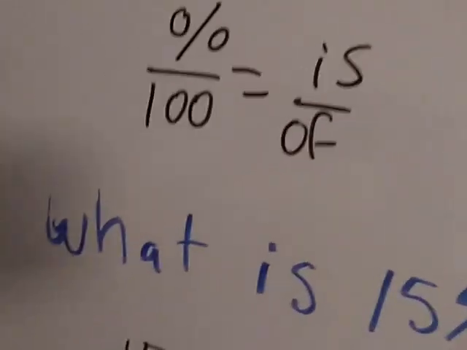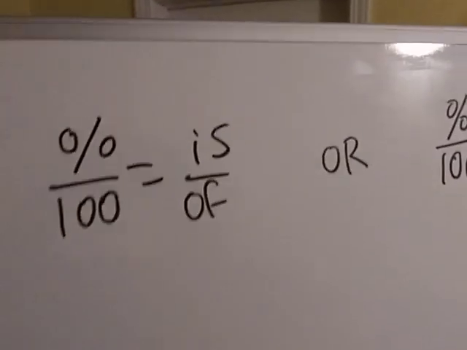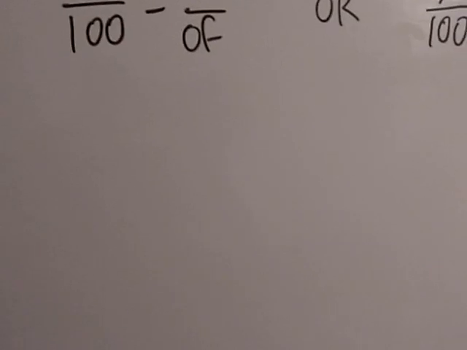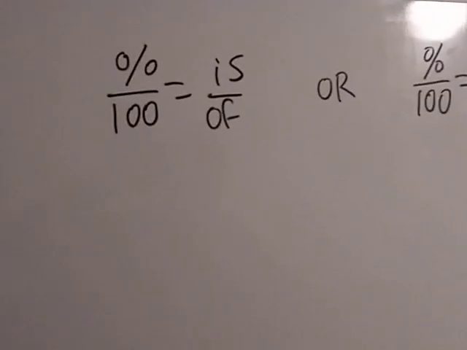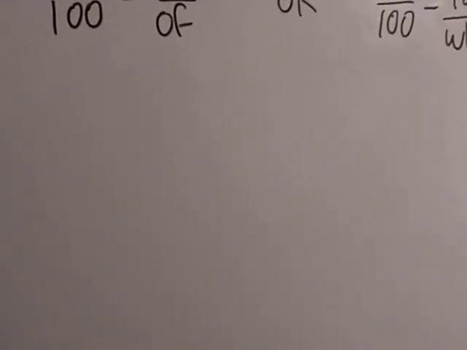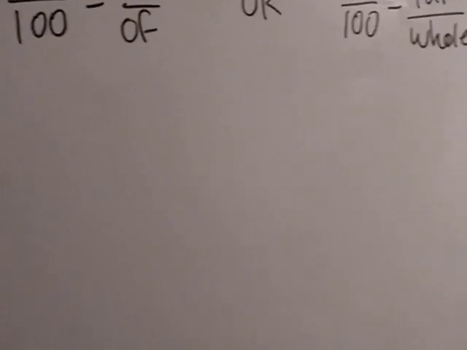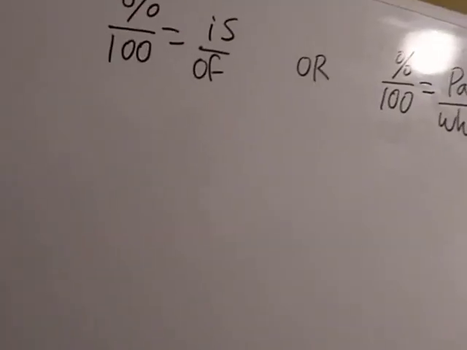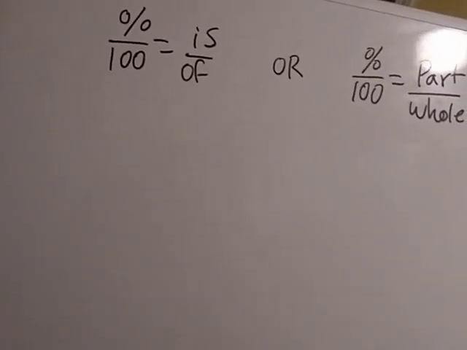I'm going to erase this here. Okay, another way of them approaching you about a problem similar to what we've covered so far would be, hold on guys, I'm trying to juggle here. It would be 30 is 10% of what number?